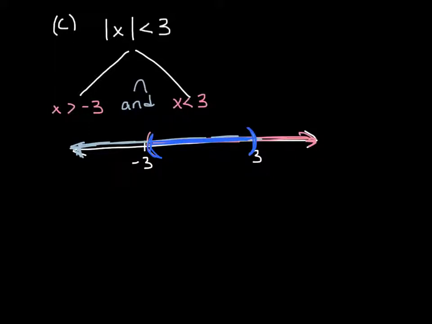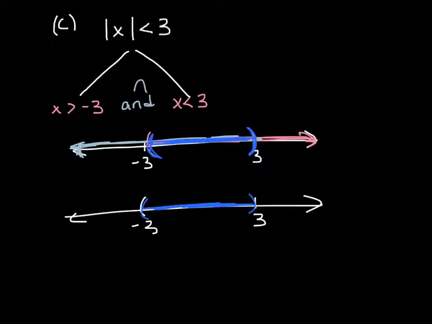Okay, so I'm going to redraw my graph, shading just the solution. So then my solution set is just going to be negative 3 to 3. And remember, that's an interval solution, it's not an ordered pair.